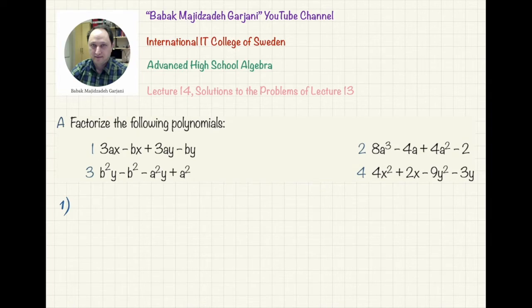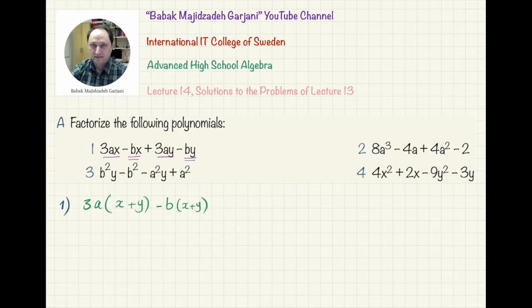what can I do? Here I can take these two together and I can take these two together, yes? From the first group I can factor 3a out, so it becomes 3a, and then x plus y is left. And from the second group I can factor minus b out, then x plus y is left.